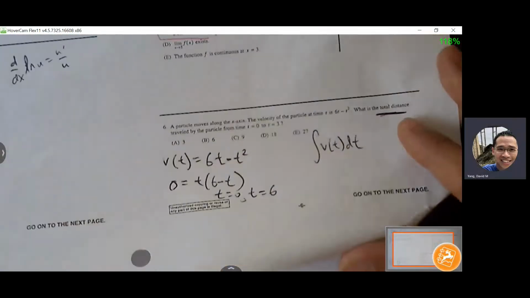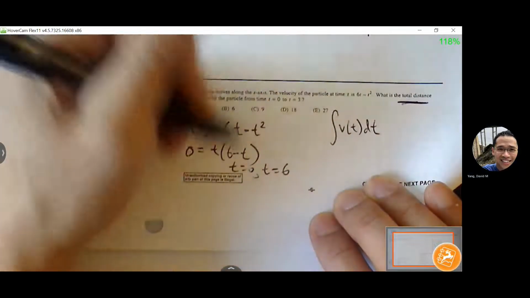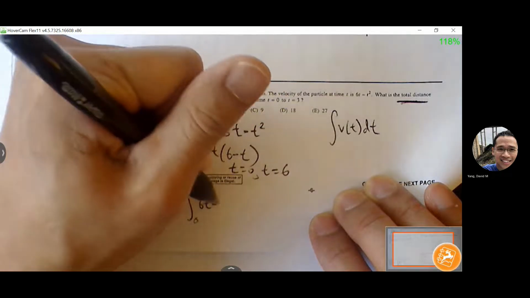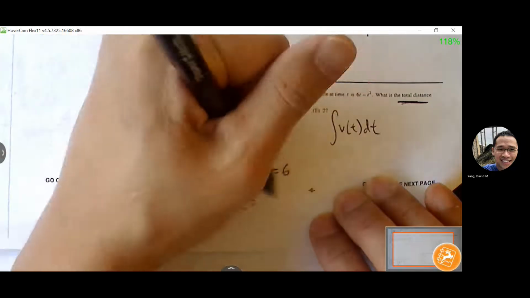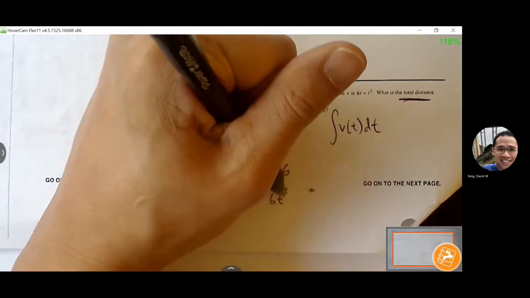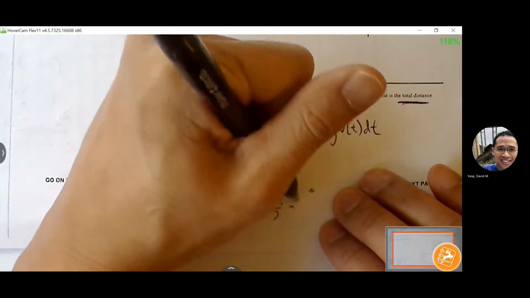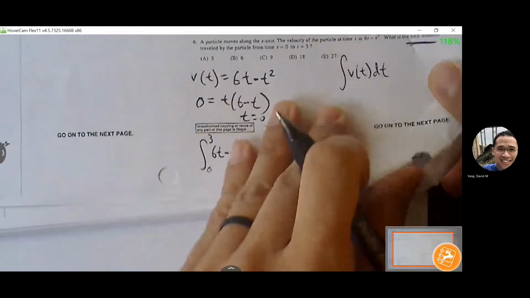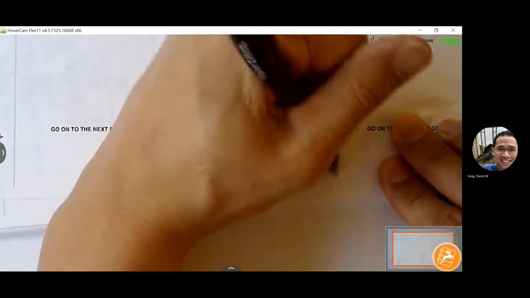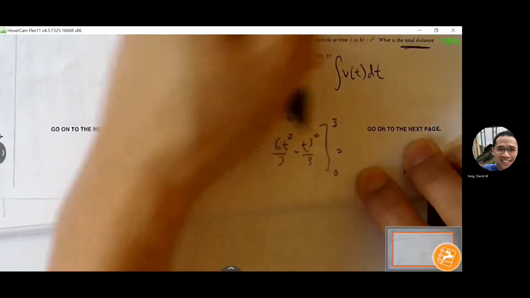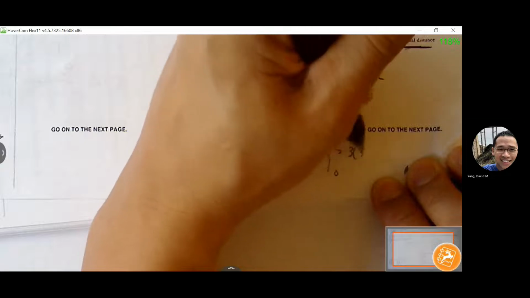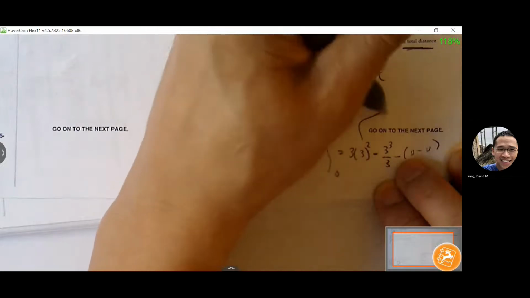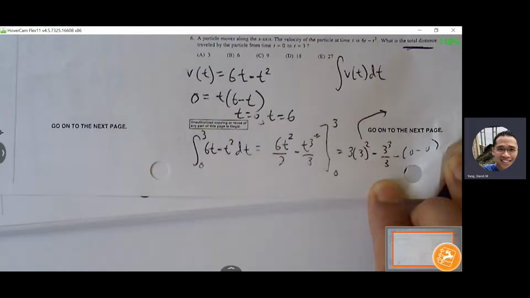That'll give us the change, and that'll give us our displacement, which is enough for total distance. 27 minus 9.